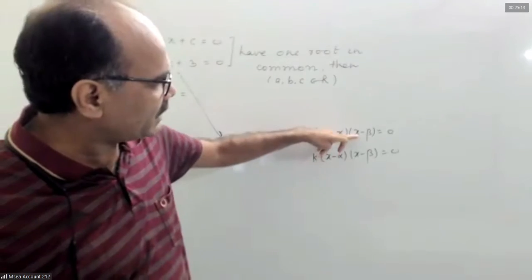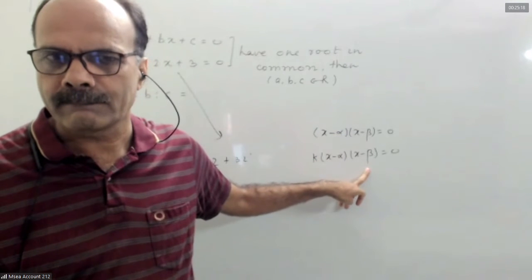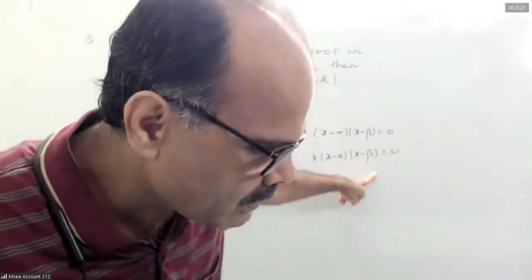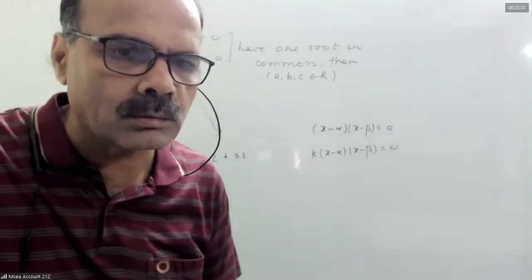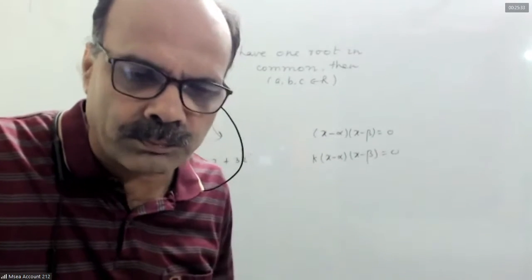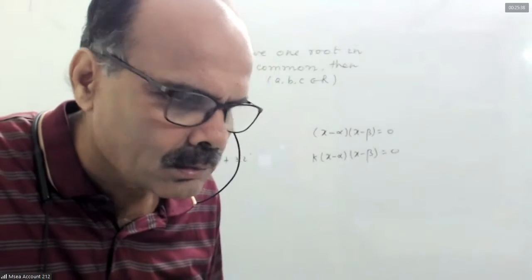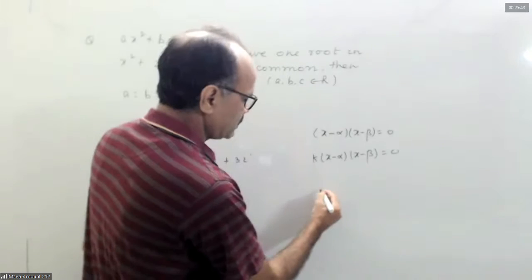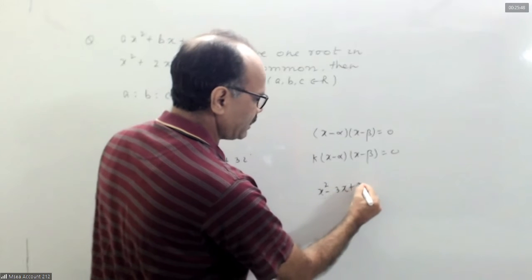Any two quadratic equations have the same roots only if their coefficients are real? I am telling you, suppose x square minus 3x plus 2. Roots are 1 and 2.